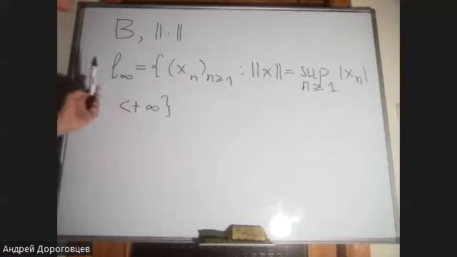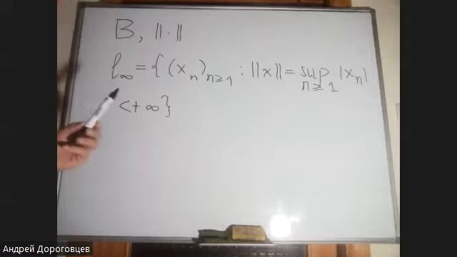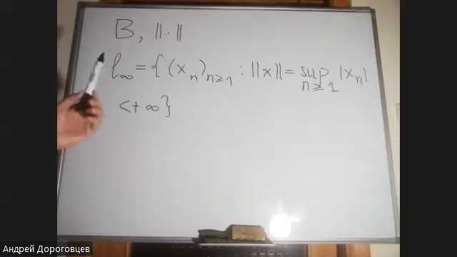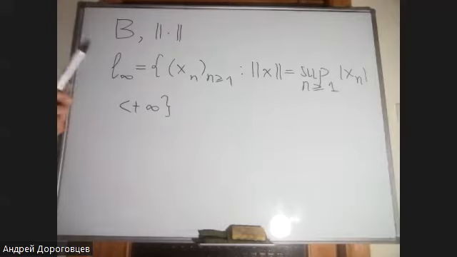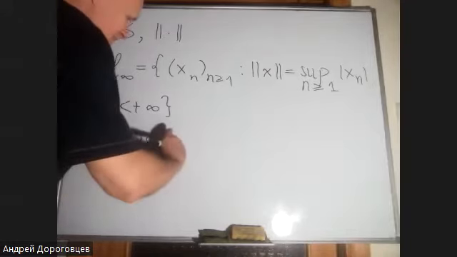Due to this, this space is a Banach space. We discussed that an important feature of a Banach space may be its separability or non-separability. In this case, this space is non-separable. Let us remark this: l infinity is non-separable.